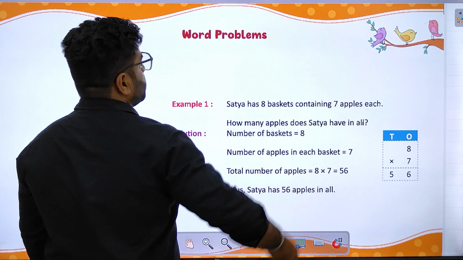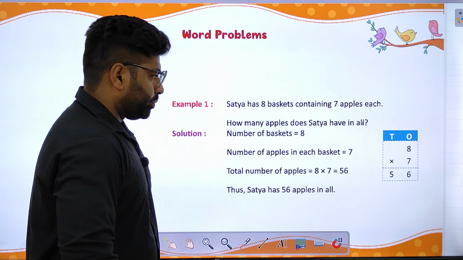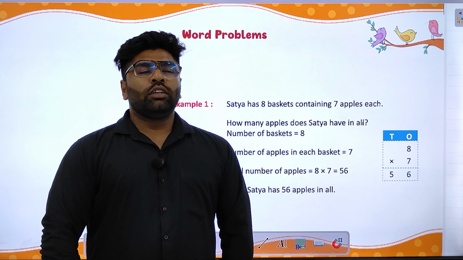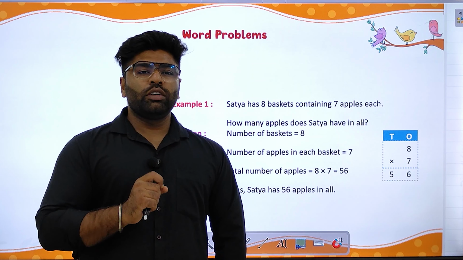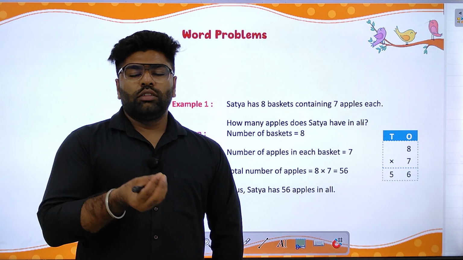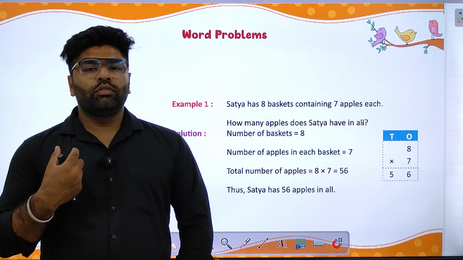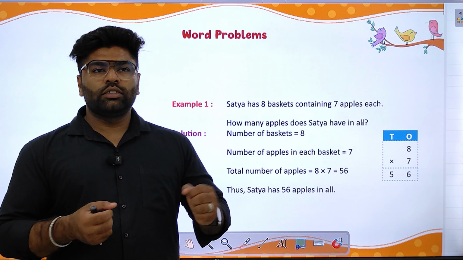Now come to our next part, that is word problem type questions. Okay, listen. When we have a word problem, then we have to understand the concept. When we have given a value of one article or one quantity, and we are going to ask many quantities.